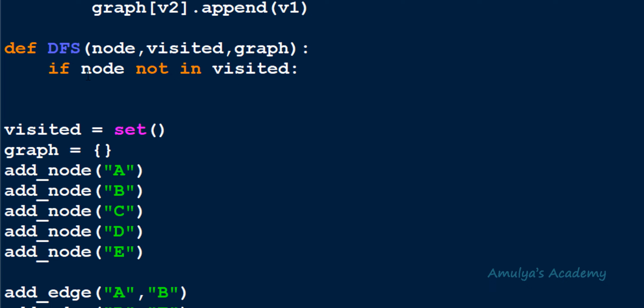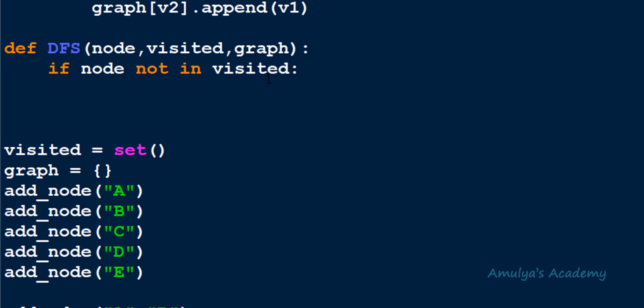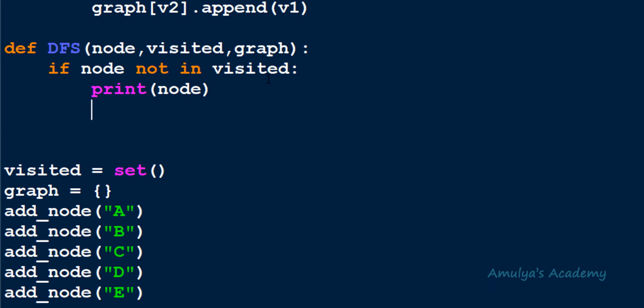That's why here I'll check if node not in visited. If the given node, the node which I want to visit, is not present in the visited set, then only I'll visit that. To visit that, I'll print that node. Next, I'll mark that node as visited.